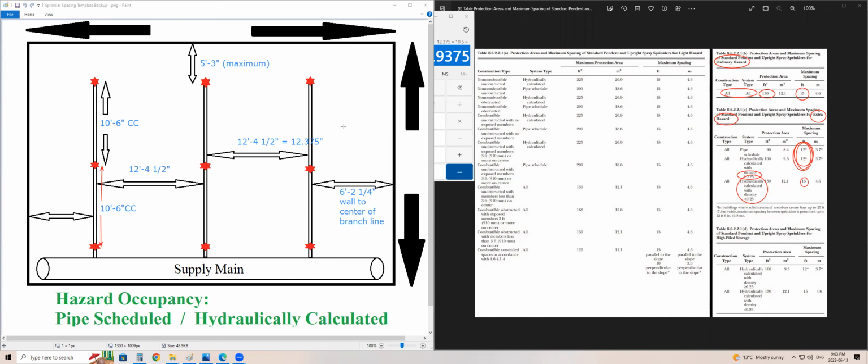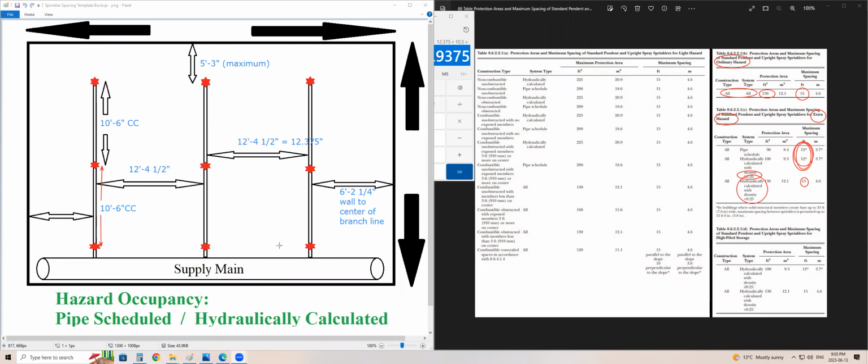So there you go. I've now showed you how to calculate the spacing, or how to properly space your standard spray upright and pendant sprinkler heads. I'm very sorry for this long video, but I hope you learned something. Again, this was based off of NFPA 13 2016 edition. If you are using NFPA 13 2022 edition, I do think that they changed the chapters around quite drastically.